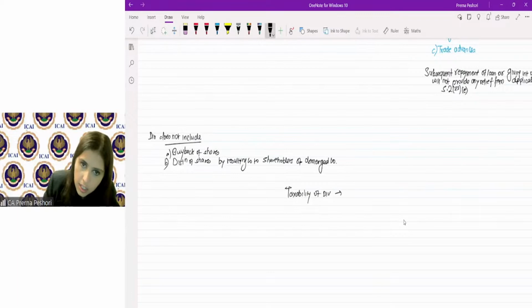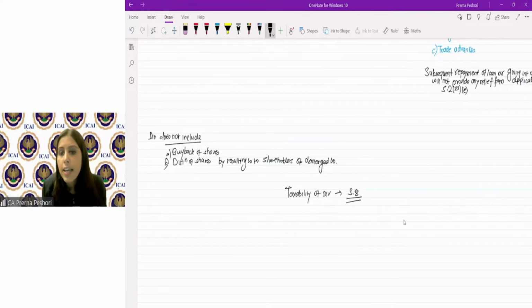Okay, now when the dividend is taxable, so the taxability of dividend, it is given in section 8. So section 8 says that the dividend declared, distributed or paid by a company is deemed to be the income of the shareholder in the year in which it is declared or distributed or paid.